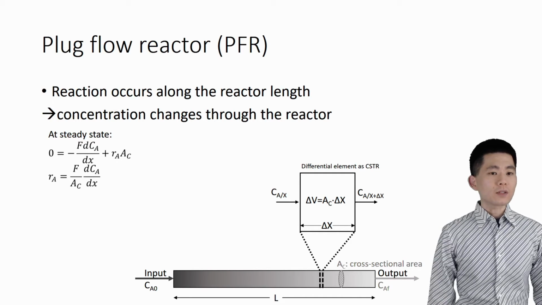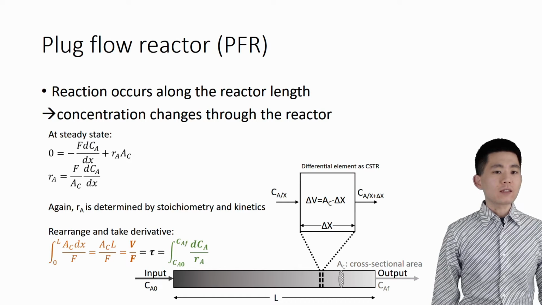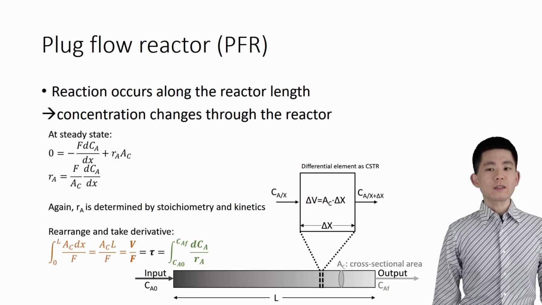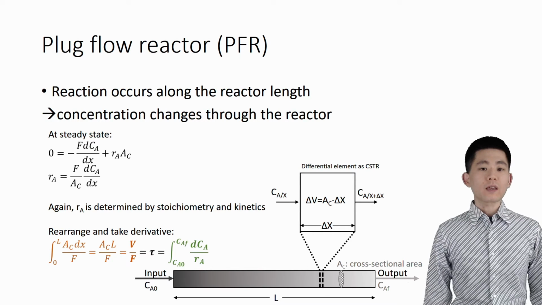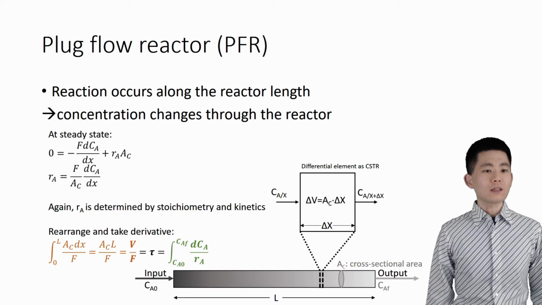Again, the reaction rate can be determined with stoichiometry and kinetics of component A. We can take the derivative for the steady state equation with dx on the left side and dCA on the right side. The left side becomes V over F, which is HRT, so we can calculate the reactor volume, or HRT, from the reaction rate and the integration of concentrations.